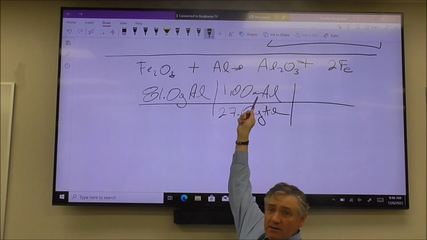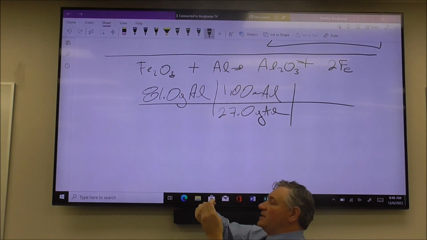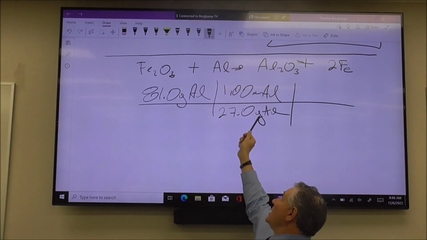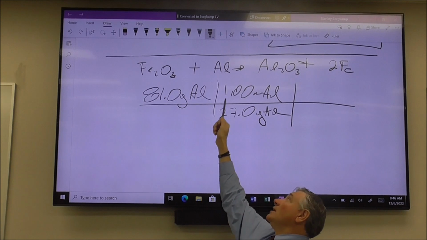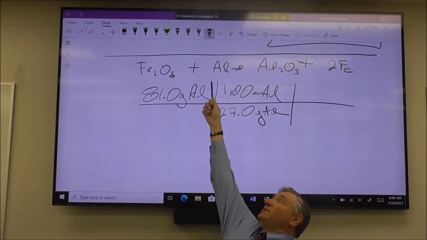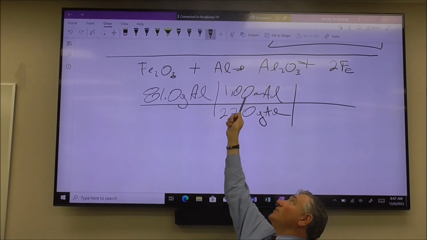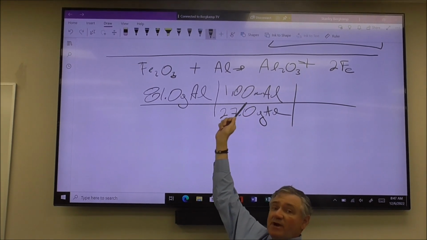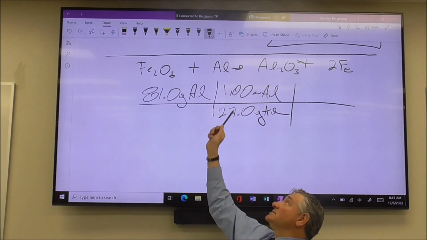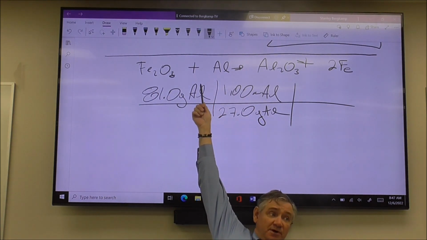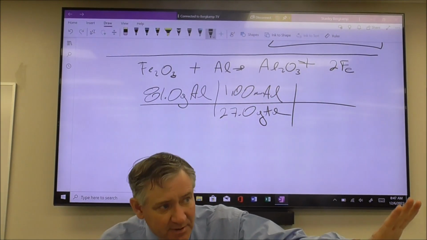This 1 is not a 1 because of the coefficient up there. It's only because 27 grams is exactly equal to 1 mole. So this 1 is here not because of what's up there, so don't think that.